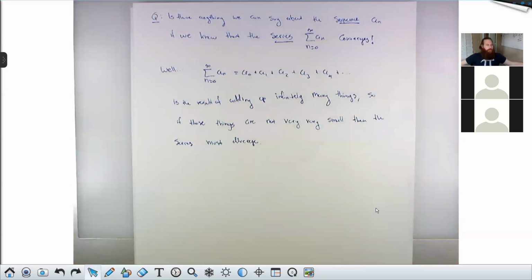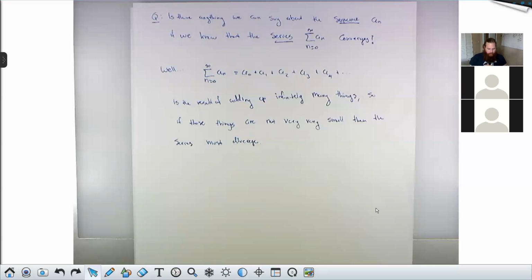If you add together infinitely many things and they're not getting very, very small, then you're adding together a bunch of big things, which is going to give you even bigger things. And if you add together infinitely many big things, you're going to get infinity.